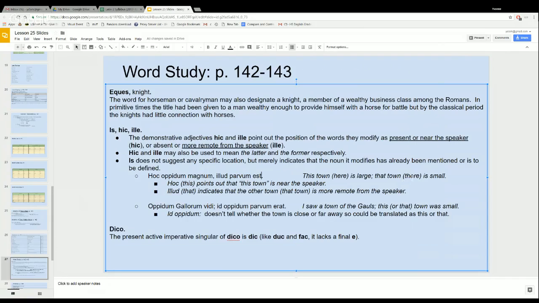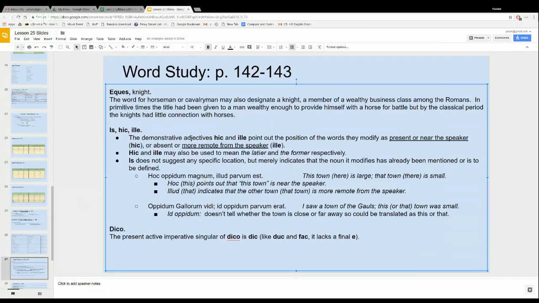That town, in other words, that one over there, farther away, more remote, is small. Okay? So again, if it's closer to you, you're going to use hic for this, meaning close. If it's farther away, you're going to use that, ille.